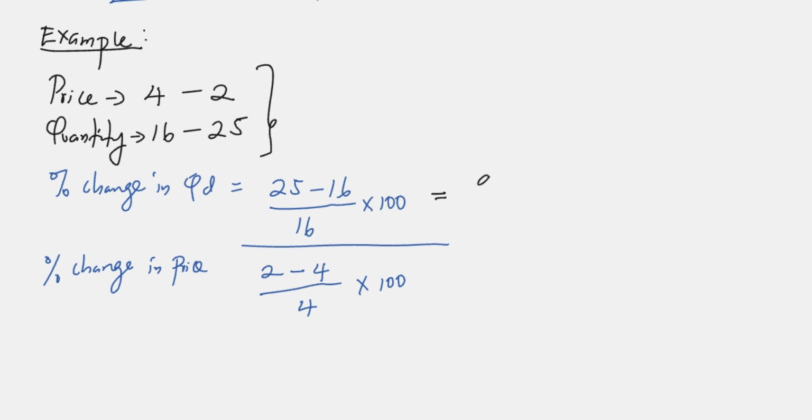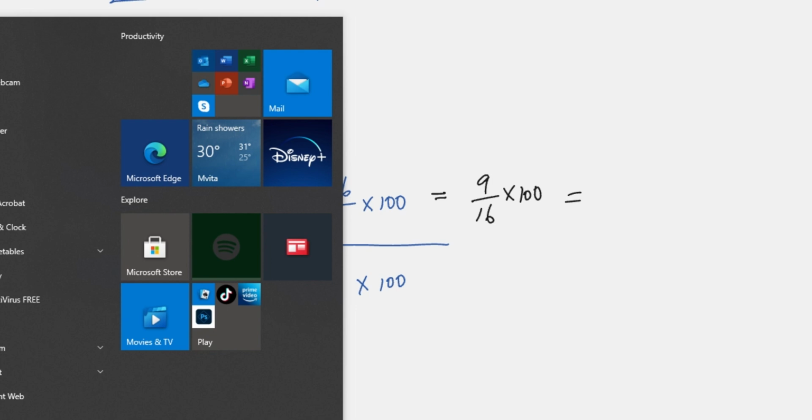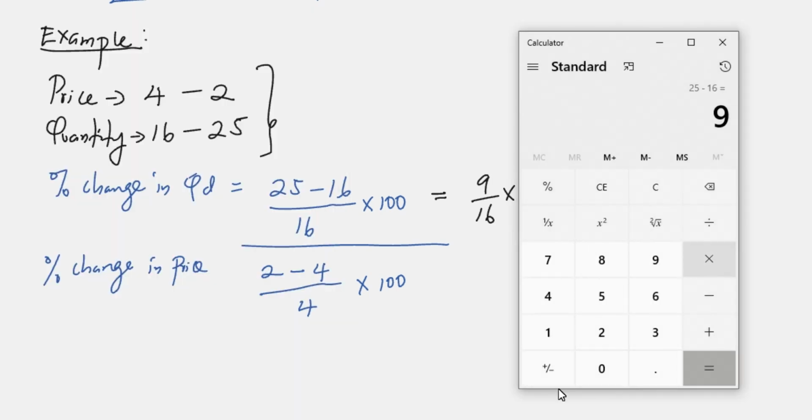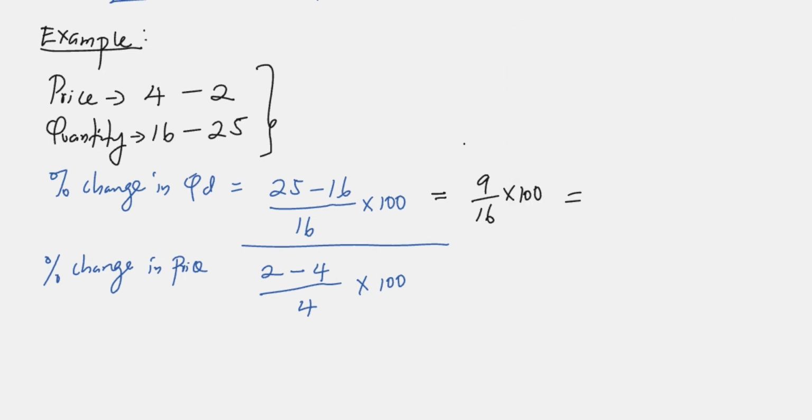So the percentage change in quantity demanded is 9 over 16 times 100, and here, using my calculator, I find out that the percentage change in quantity demanded is 56.25%.